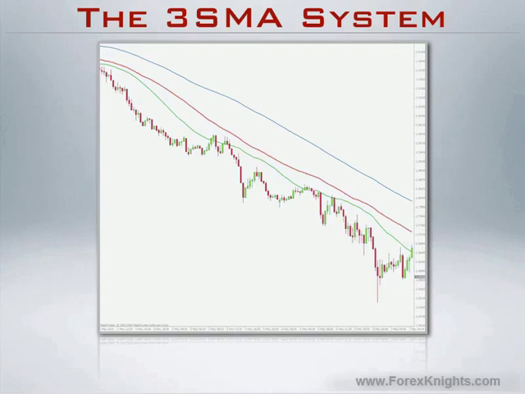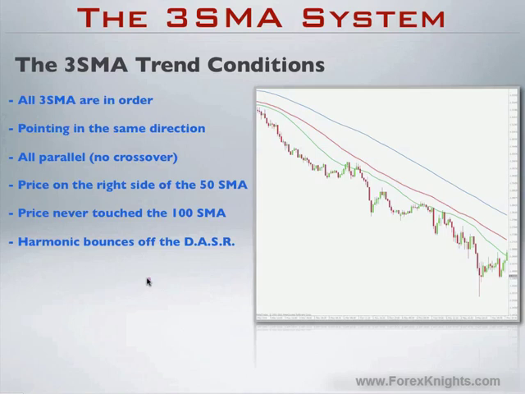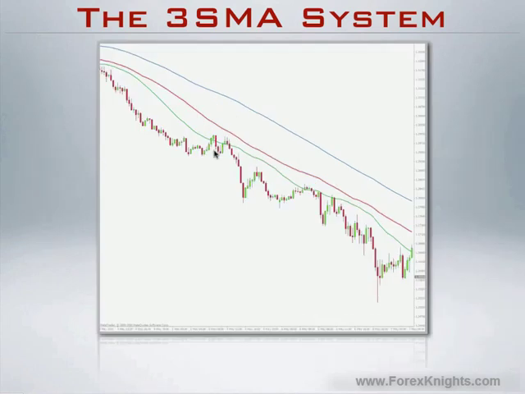That's why I was mentioning that the 6th condition we are going to be searching for in our chart are bounces that take place off the dynamic area of support and resistance. Please let me go back to our previous slide. Harmonic bounces of the dynamic area of support and resistance. We're going to be searching for this type of bounces of those areas.